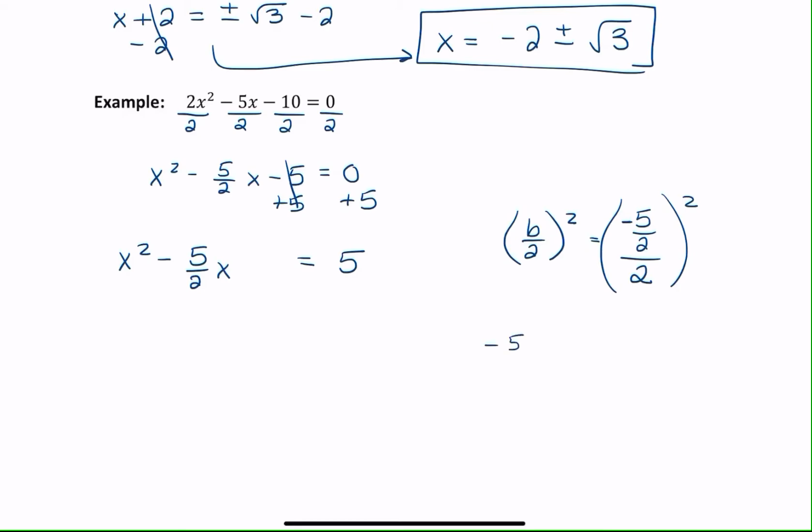If you divide negative 5 over 2 by 2, that's the same as multiplying by 1/2, which would be negative 5/4. Then you square that, which gives you 25 over 16. So that's half of b squared, and that's what we're going to fill in here. We're going to add 25 over 16 to both sides.